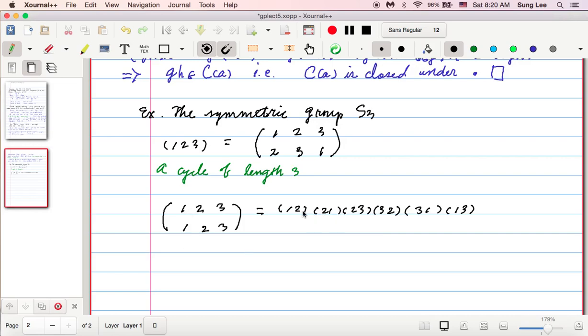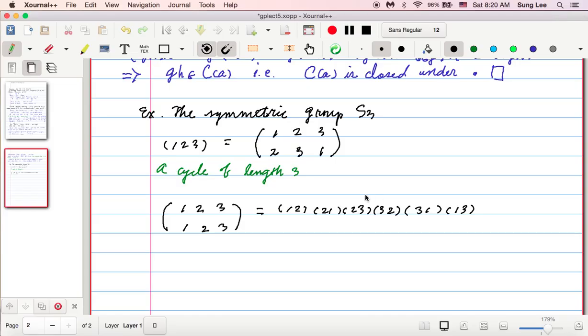Then 2 goes to 1, 1 goes to 2, so 2 goes to 2. 2 goes to 3, and 3 goes to 2, so again 2 goes to 2, and here 2 is fixed, so 2 goes to 2. Yeah, so that's how it works.